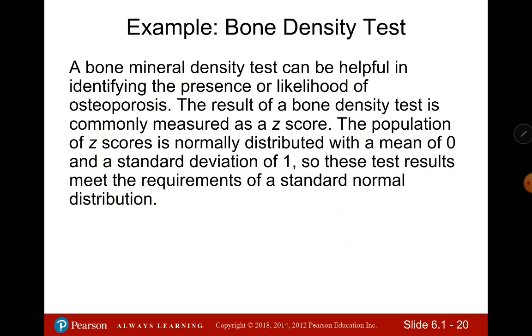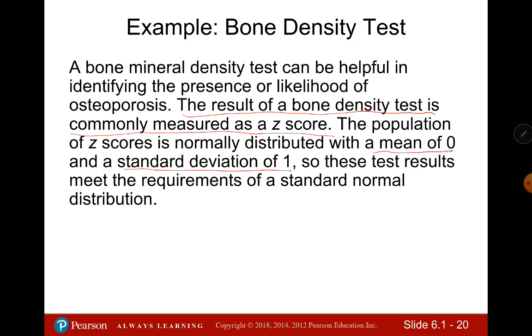So, bone density test. This is our example. In this example, we know all the results as a z-score, which means all the results are normally distributed and also follow the standard normal distribution, because here we know the mean and the standard deviation.